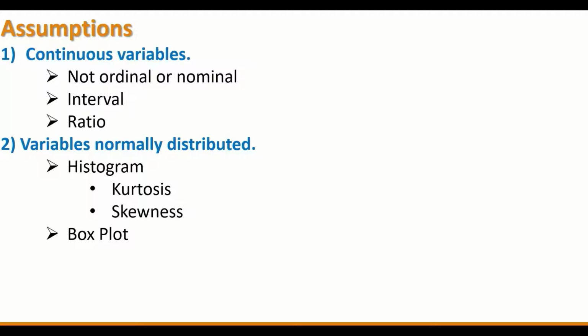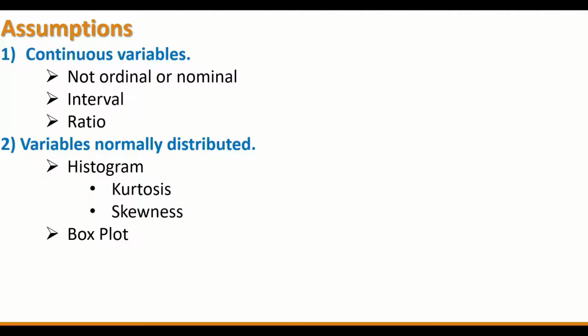Another way to look at the normality of distribution is to produce a box plot. From the box plot, it will be possible to determine whether the data are normally distributed or not if the two whiskers are equal in length.